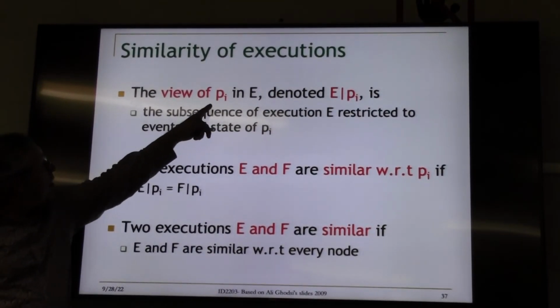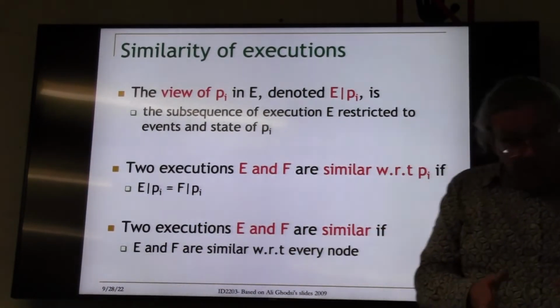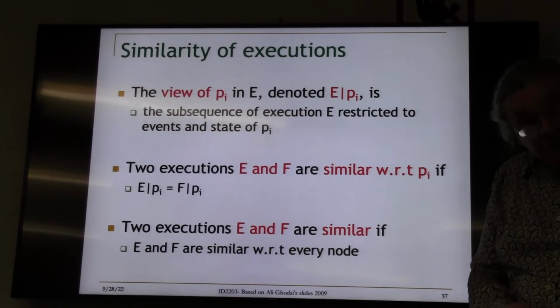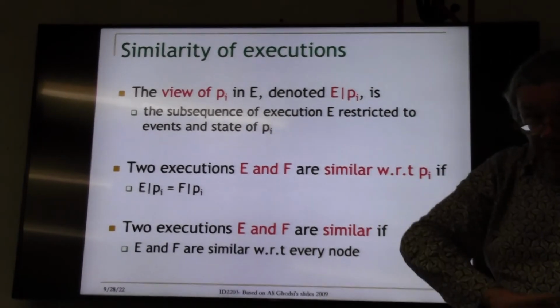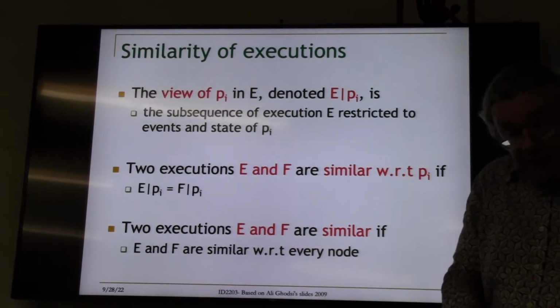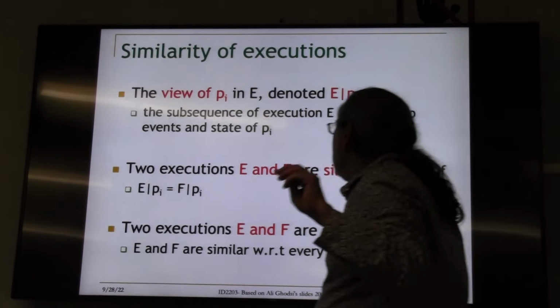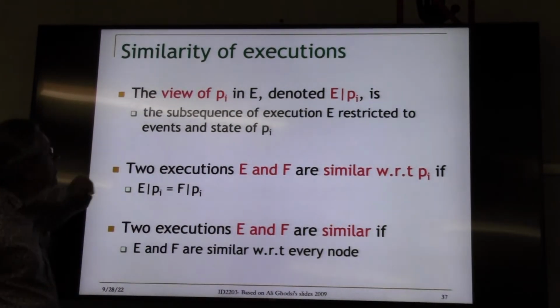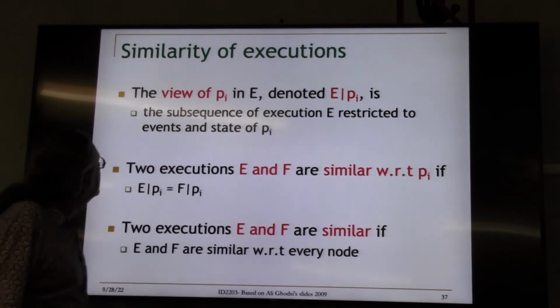So if I'm sitting on a process, that's PI, and I'm looking at what's happening here, I can see the messages coming in, I can see the local computations, and I can see the messages going out. That's all I can see. I don't know anything else. That is the view. So this is E restricted to PI.